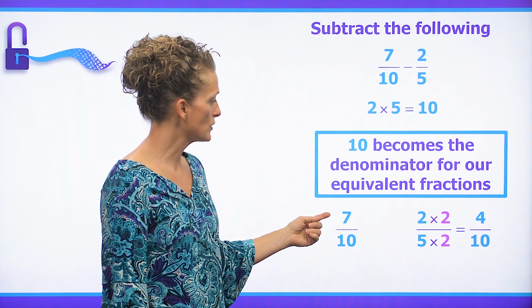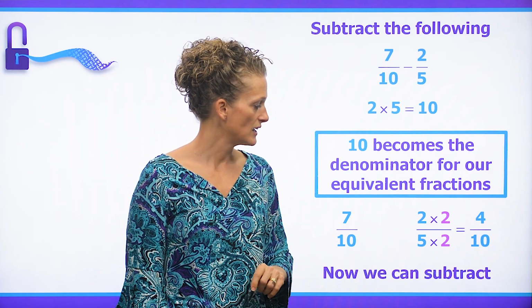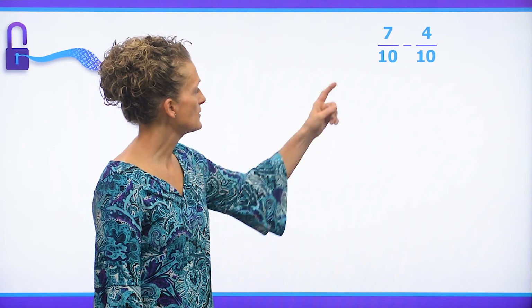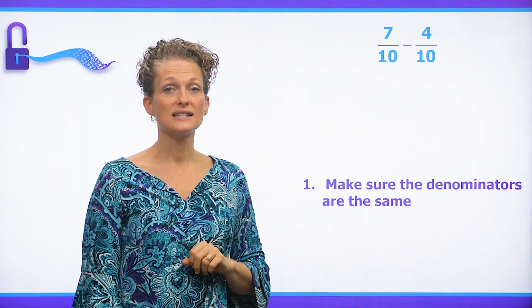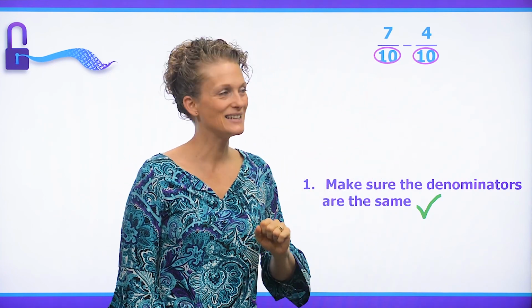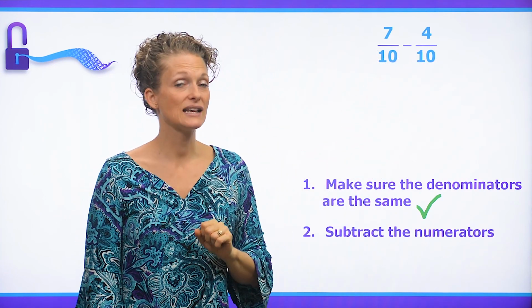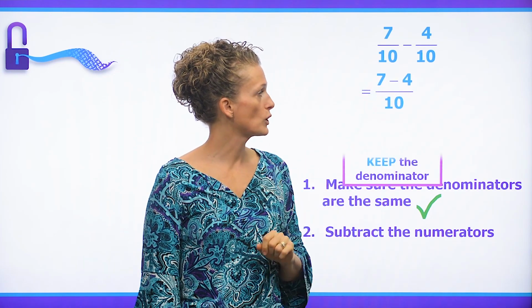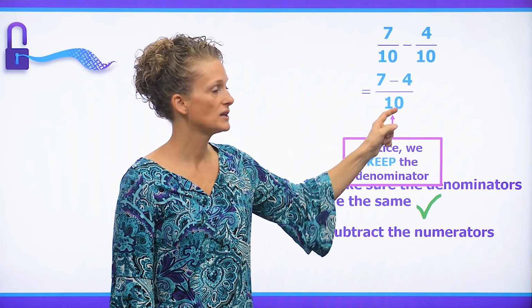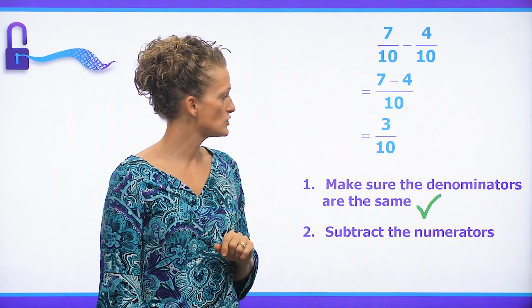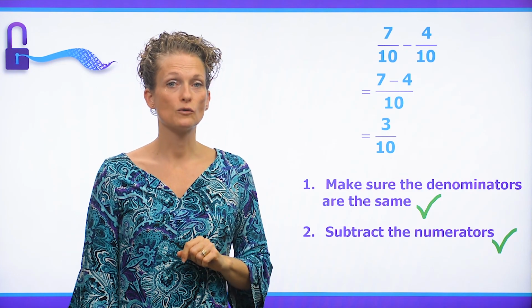Now we have 7 over 10 and 4 over 10, so we can go ahead and subtract. So 7 over 10 minus 4 over 10. Step number 1 says to make sure denominators are the same, which of course we already did. Step number 2 says to subtract the numerators, so that's 7 minus 4, and notice that we keep the denominator of 10. 7 minus 4 is 3, so we have 3 over 10.